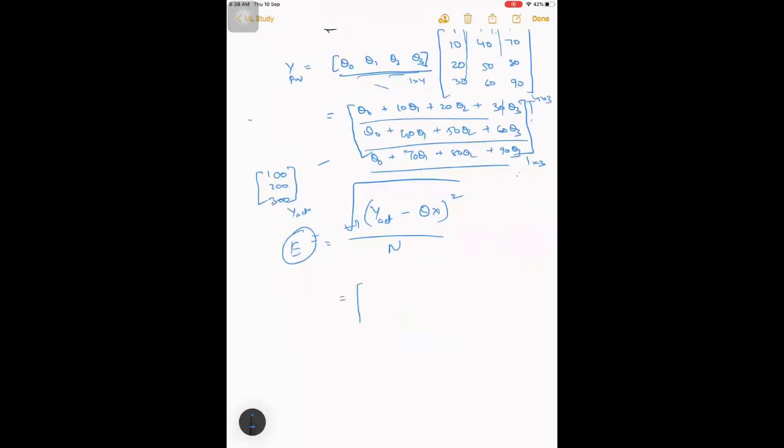So in case we have 100 values, theta naught, theta 1, theta 2 and so on, and you have this x, x naught, x1, x2 and so on, if you have xn, okay? So actually, let's call it bigger X, not to get confused. Okay, let me do it like this.